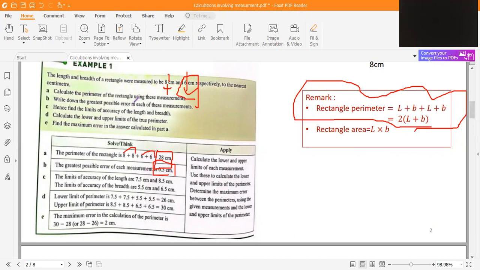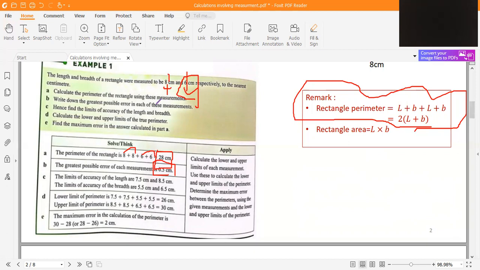So next, we find the limits of accuracy. Normally, for limits of accuracy we have lower limits and upper limits. How to find the lower limit? For the lower limit, we subtract the greatest possible error from the original measurement. And to obtain the upper one, we add the greatest possible error to the original measurement.